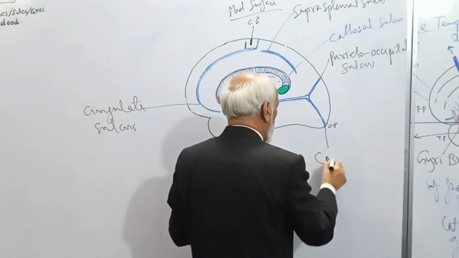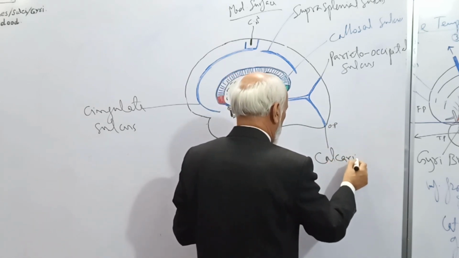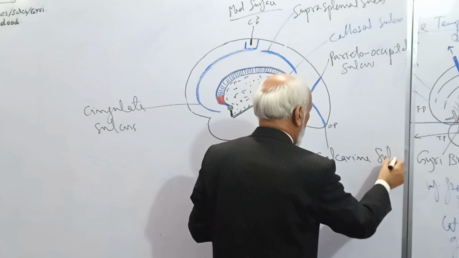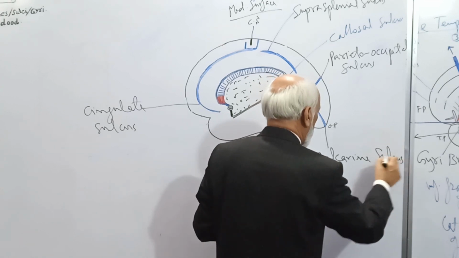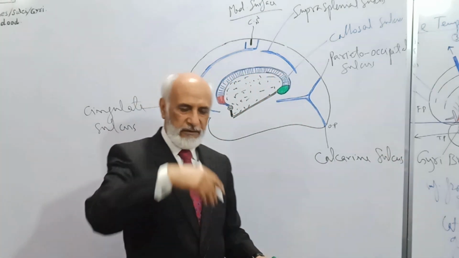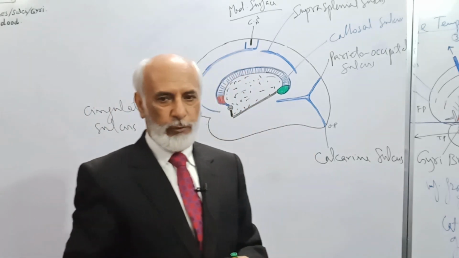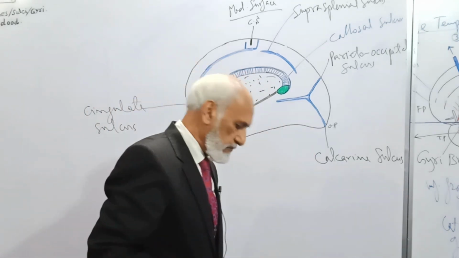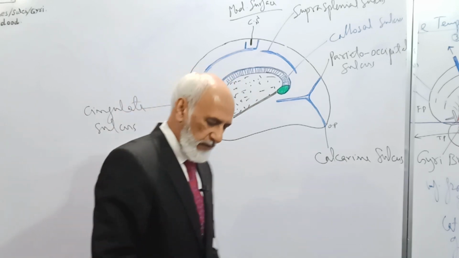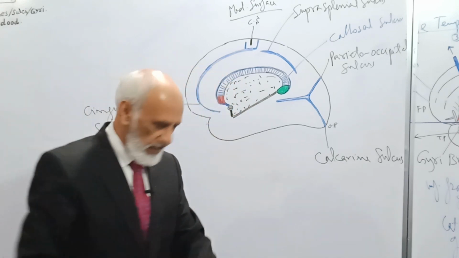This is known as calcarine sulcus. And this calcarine sulcus crosses over the occipital pole and appears on the supralateral surface of the cerebral hemisphere, which we discussed in the last lecture.